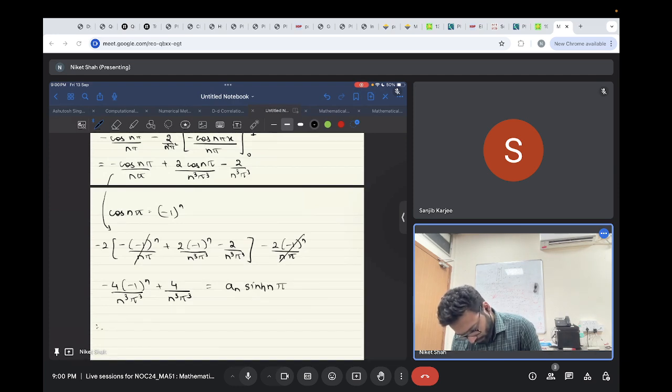So therefore a n is equal to 4 divided by n cube pi cube sinh n pi into 1 minus minus 1 raised to power n. This is my a n.